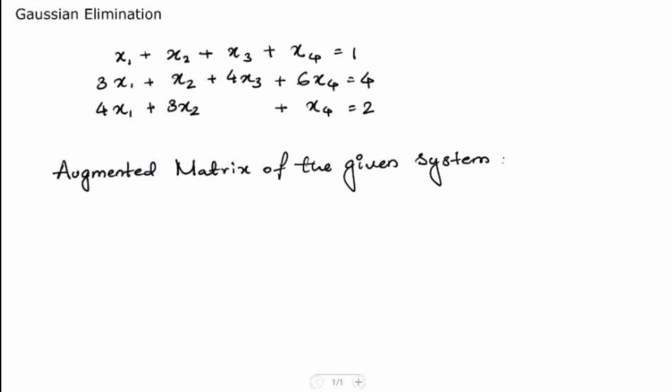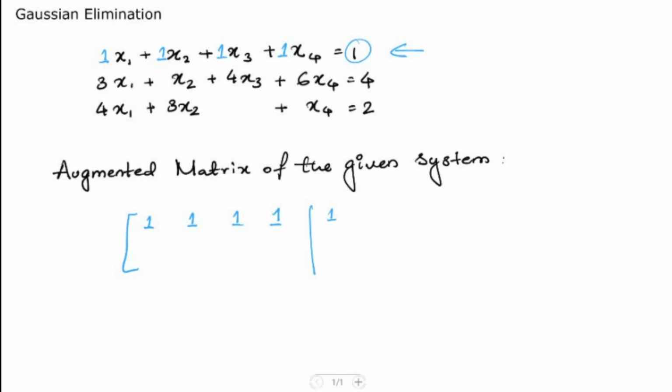For the first equation, if there is nothing, it means 1x1 here, and 1x2, 1x3, 1x4. So if we write it in the augmented matrix form, for the first row, we have all 1s. And here we have a 1, which is this one here.